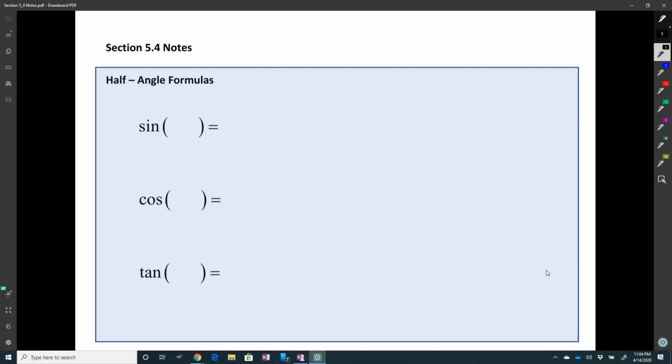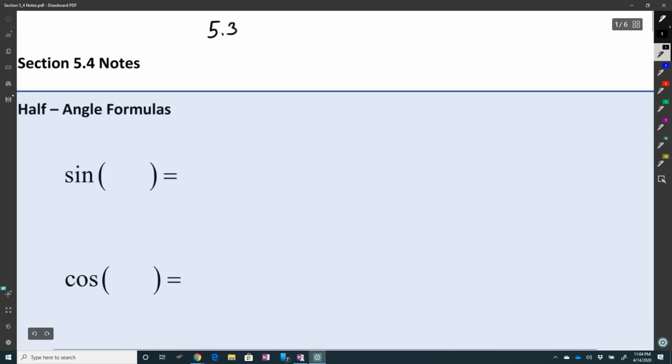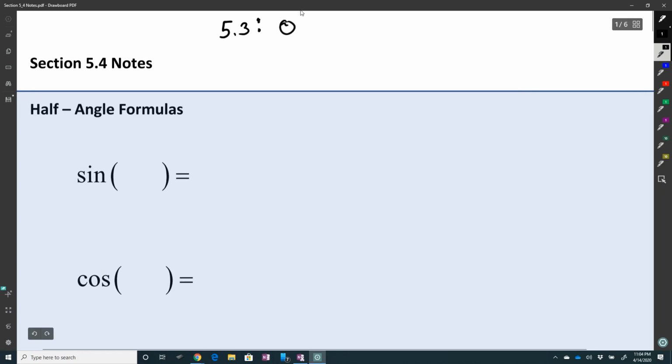But anyway, in 5.3 we did the double angle formulas, and now we're going to do the half angle formulas. In 5.3, we went from equations that had theta to equations that went from 2 theta to theta.